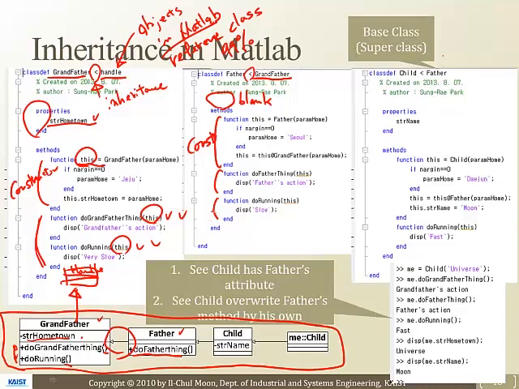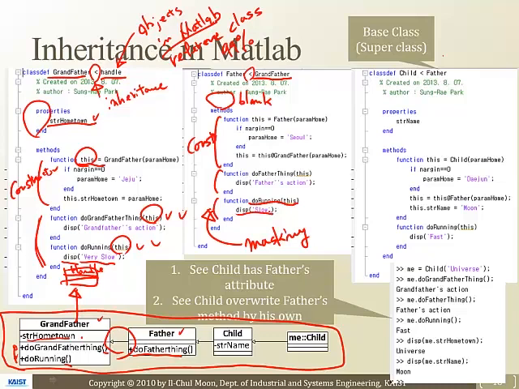And here comes the masking. In the grandfather class, we have this do running, and do running displays very slow. In the father class, we have this do running, right? And it displays just slow.